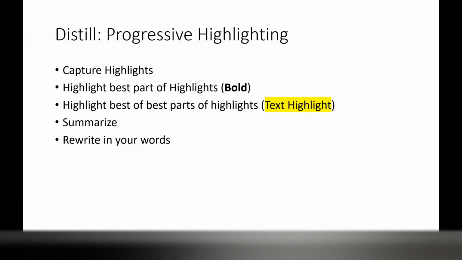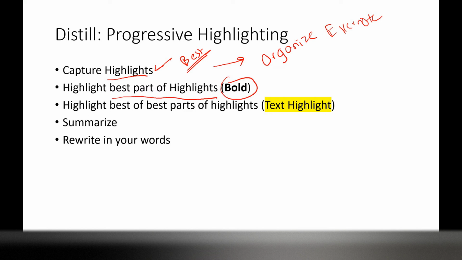You capture the highlight. So you read a blog and you highlight the best part, and then you organize it in Evernote. Then you bold the best parts of the highlights. So let's say you have the highlights, probably 10 to 20% will be bold.